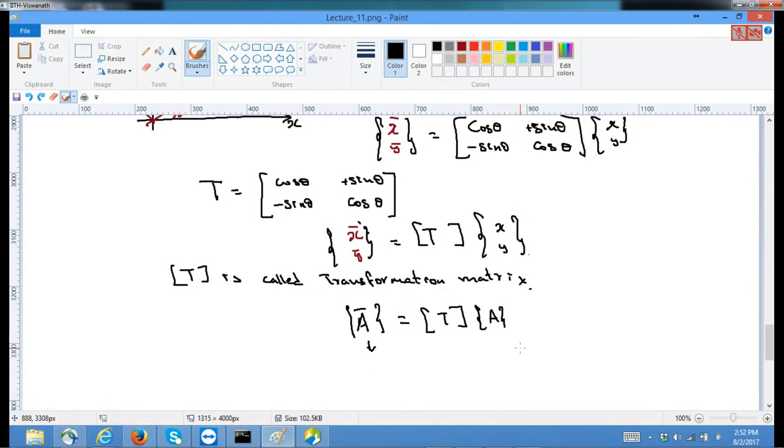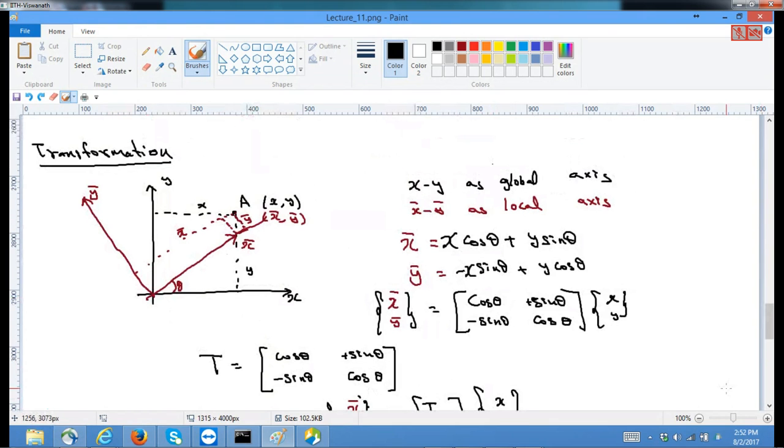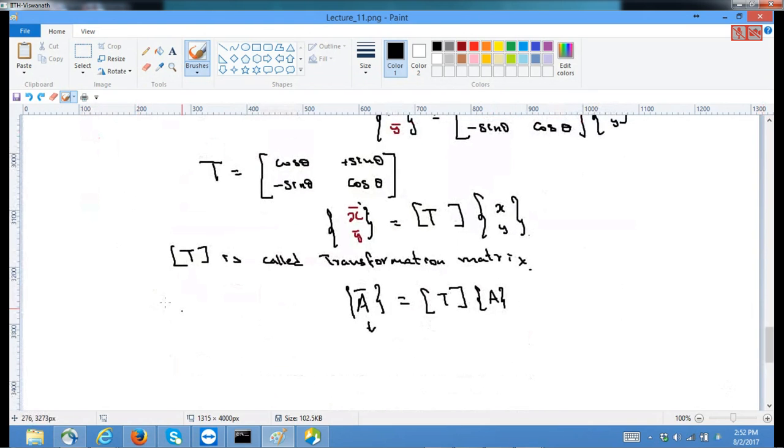So let us see the properties of T. T is an orthogonal matrix.